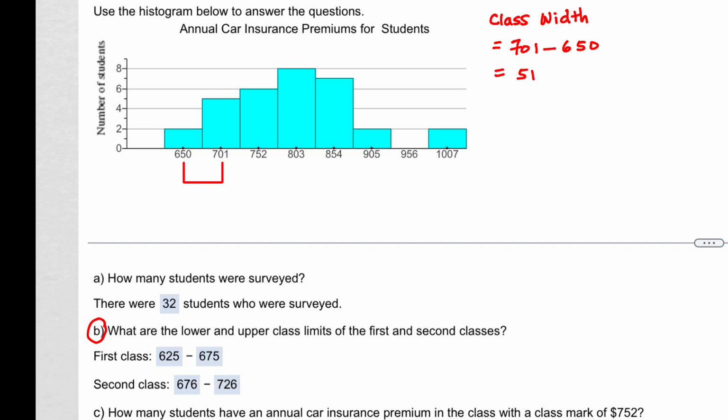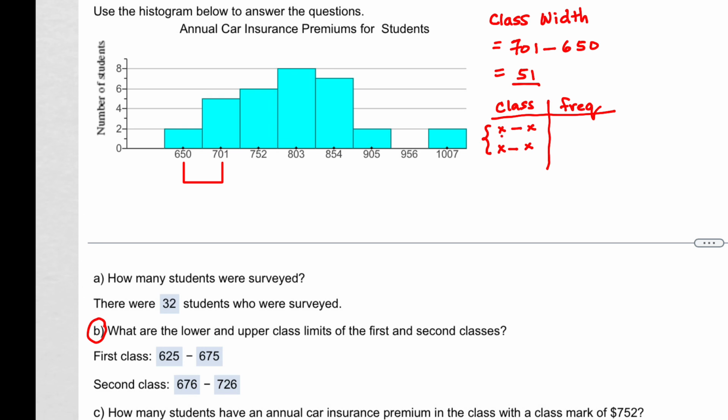So what this means is that when we look at our classes, we have classes and we have our frequency, then when we go from the lower class limit for class 1 to the upper class limit for class 1, and then lower class limit for class 2 to the upper class limit for class 2, the separation between lower class limits is going to be 51.